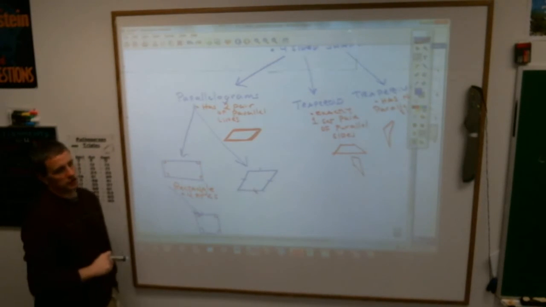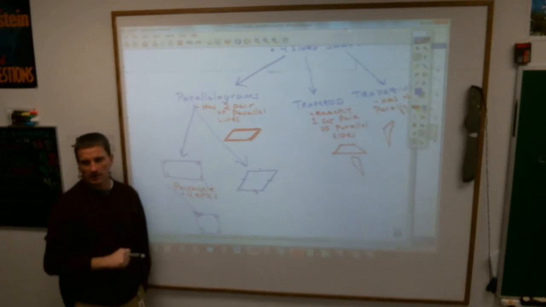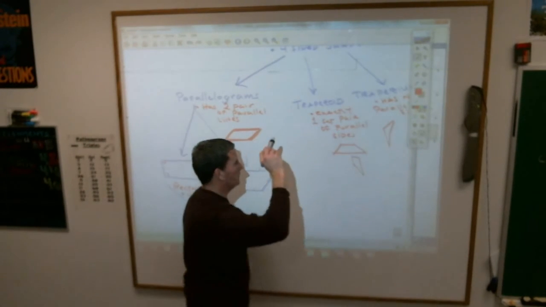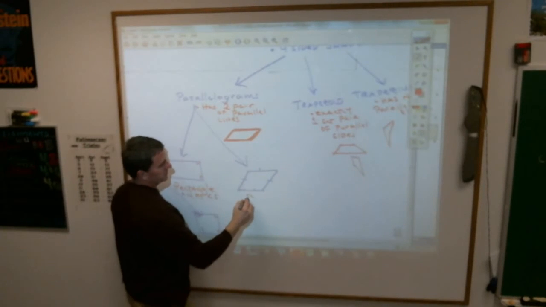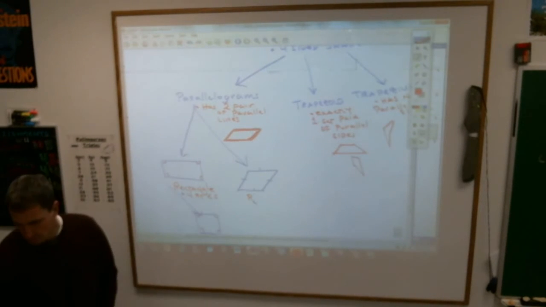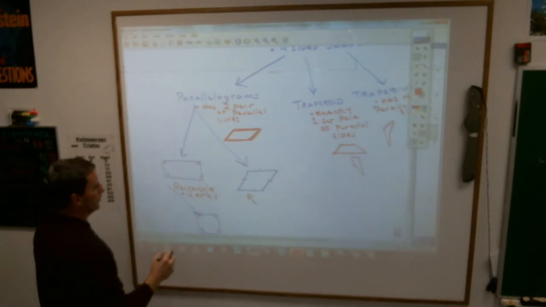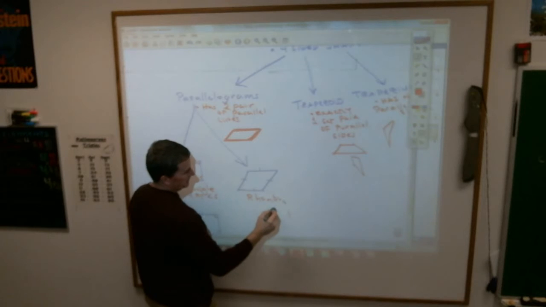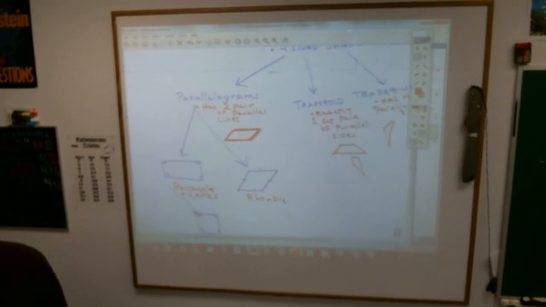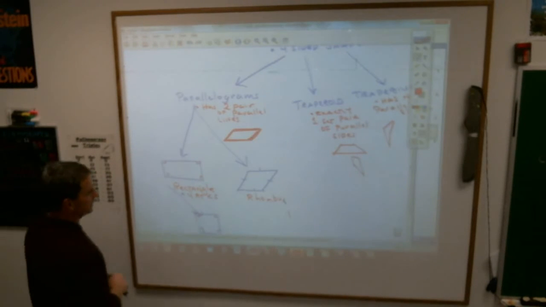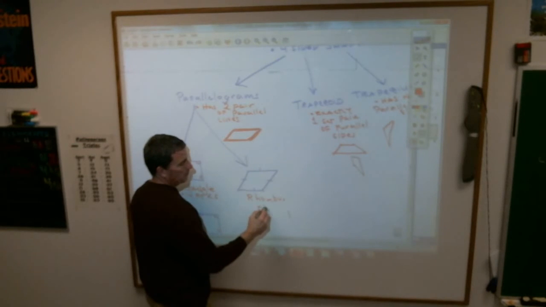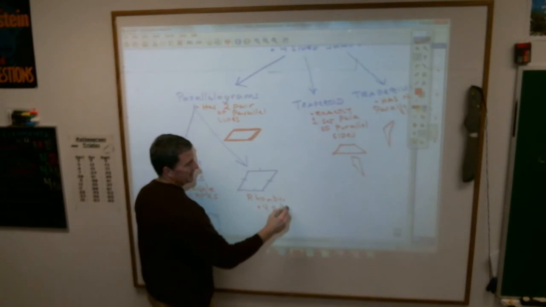It's like a squished square. It is a rhombus, R-H, right? Is that spelled right? Yeah, a rhombus. And the exact definition of a rhombus is that it has 4 equal sides.